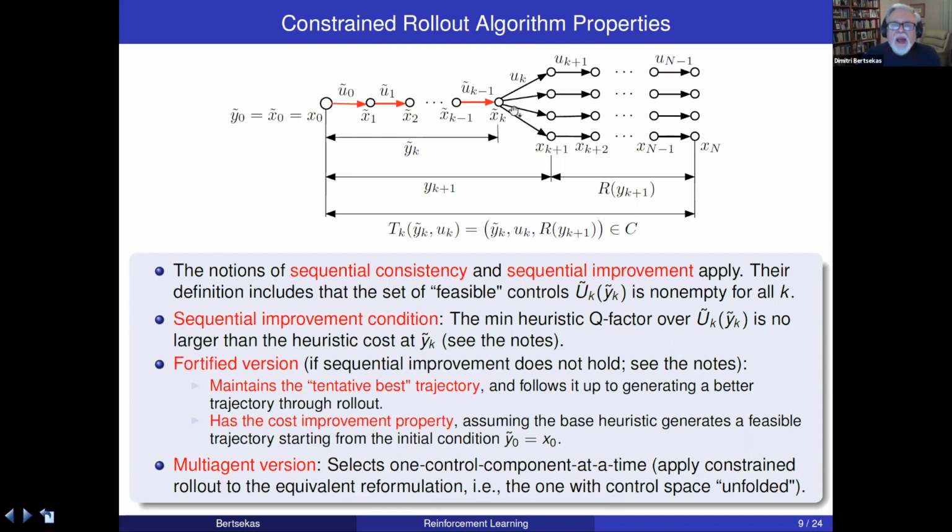And then we apply constrained rollout on this equivalent reformulation. So this extension is natural, is simple to deal with. We simply break each one of these decisions up into M decisions, where M is the number of agents, and then we go one step at a time with the base heuristic and all this procedure here that I described.